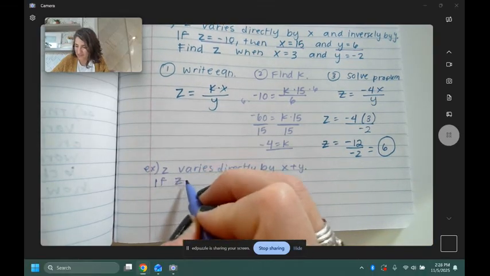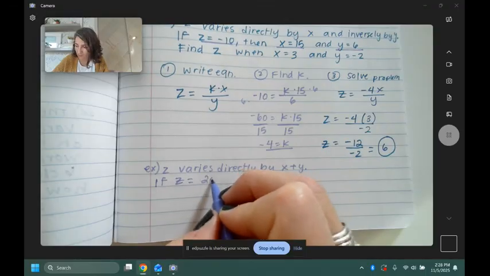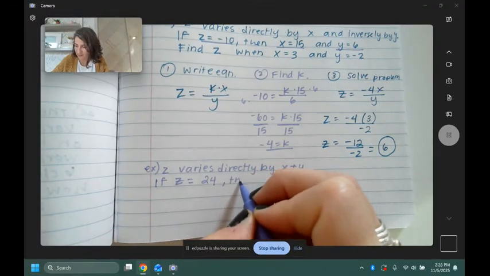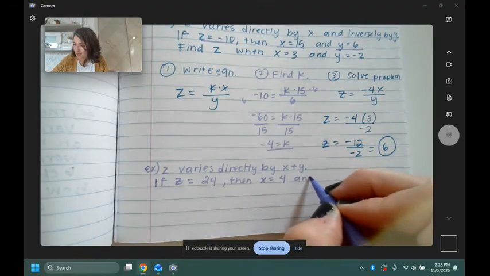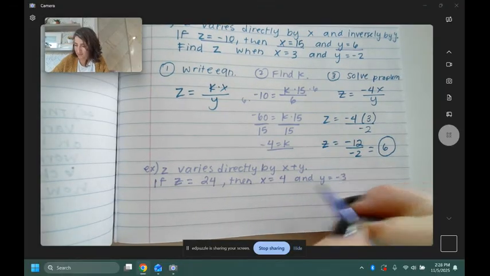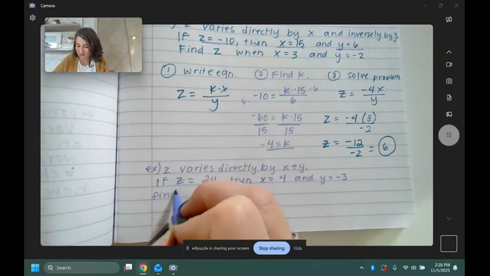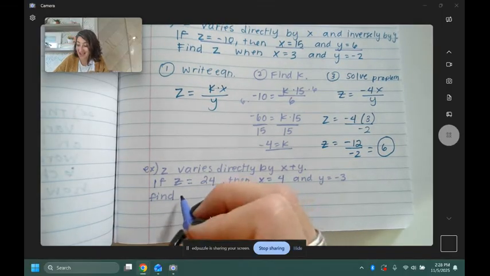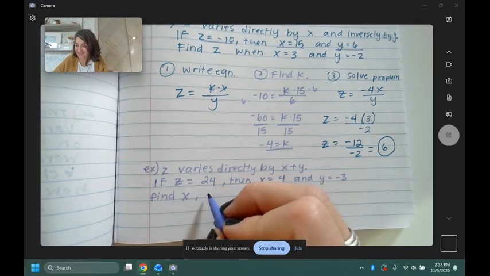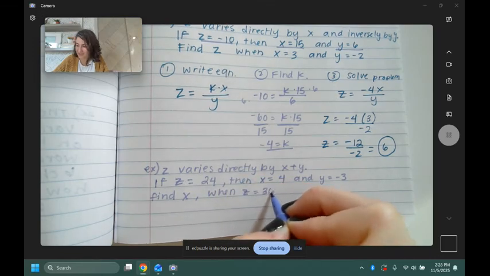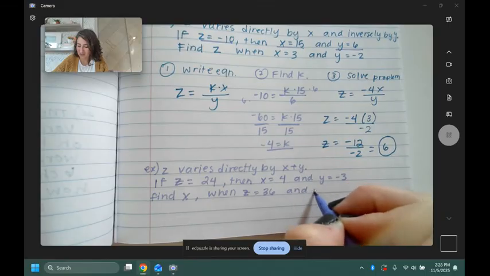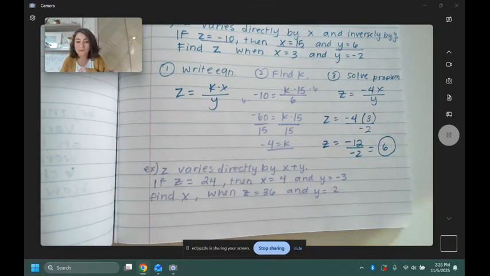If z is equal to 24, then x is 4 and y is -3. Find x, a little different, when z is 36 and y is 2.